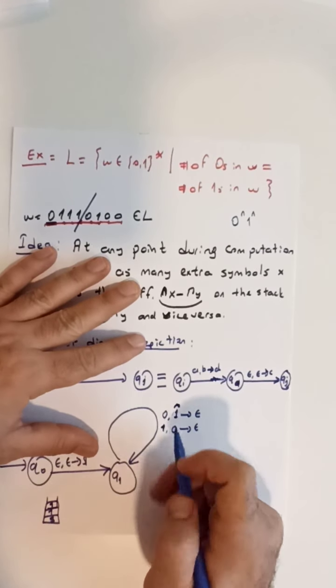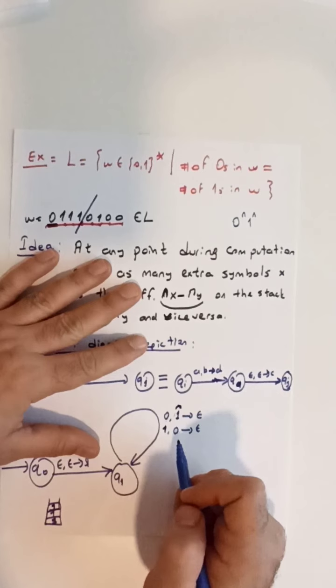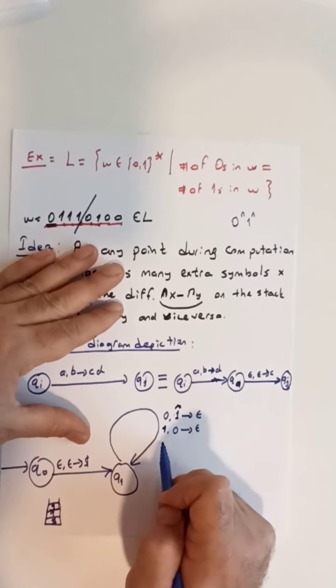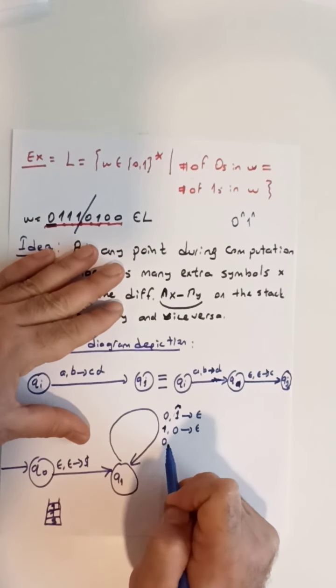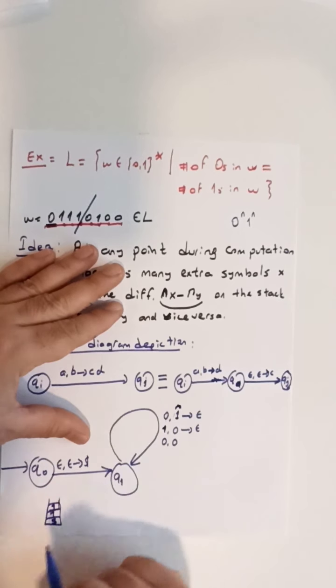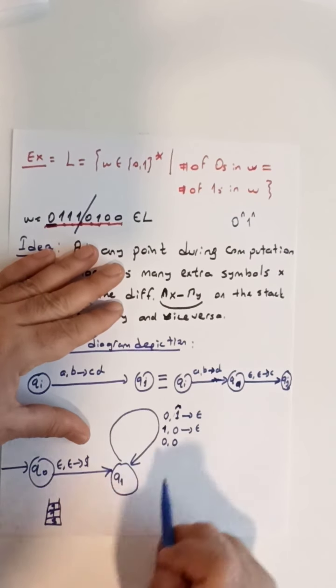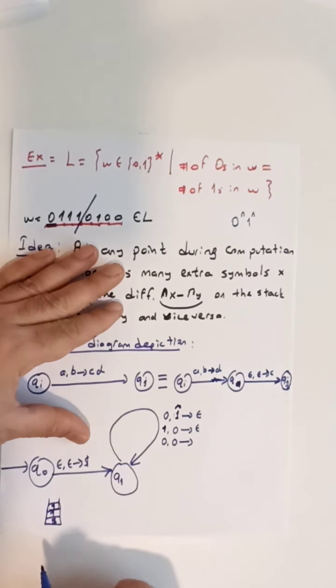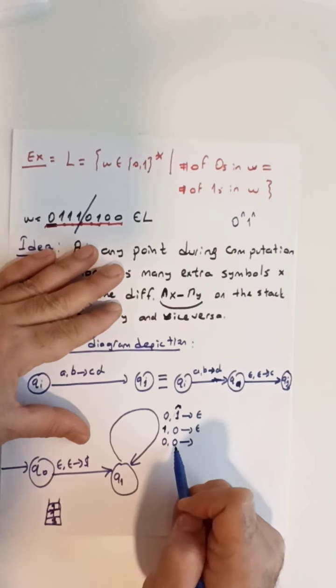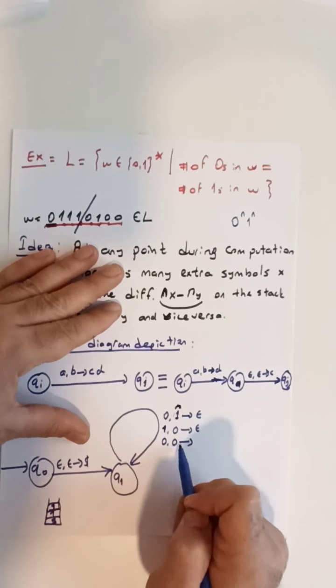Now, how about the rest of the possible scenarios? If the input is a 0 and on top of the stack we also have a 0, what should we do in this case? Note that in such a case, if we have popped a 0 from the stack, this means that the number of zeros we have seen so far in the input is more than the number of ones.